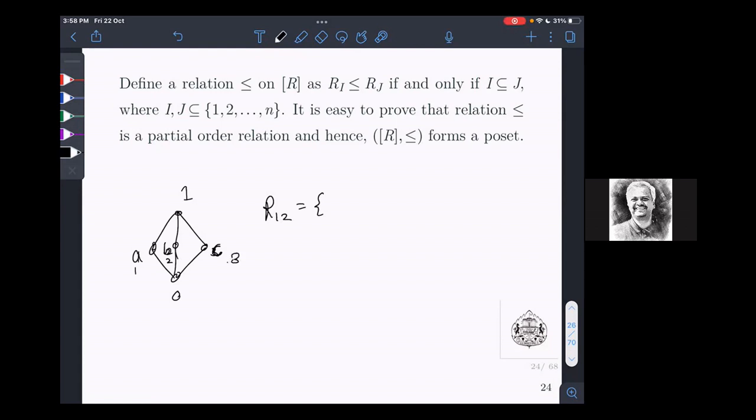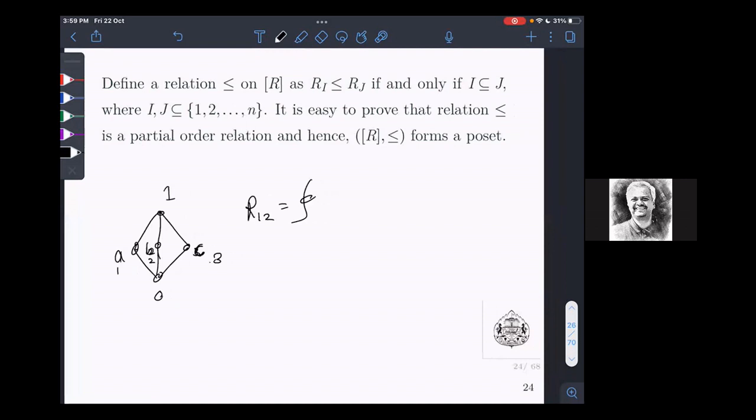This is 3. Are you getting it? So it's empty. Yes, very good. This is empty. Got it? 0 is there in the M1 intersection M2, but 0 is also there in M3.